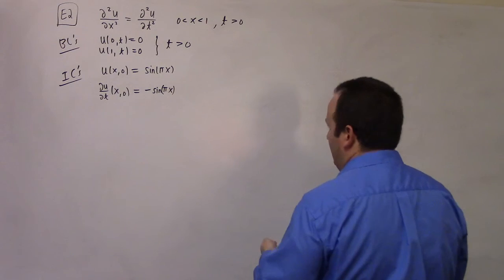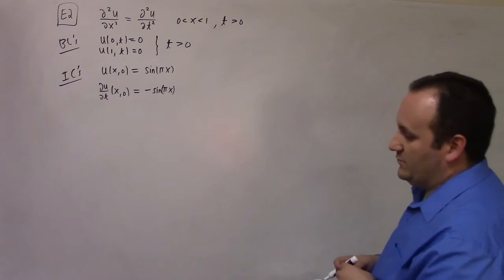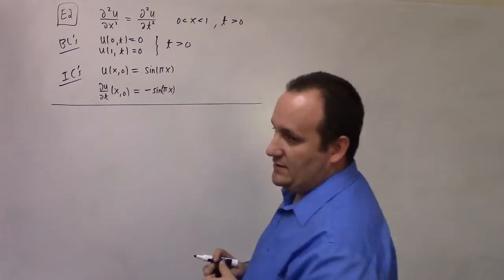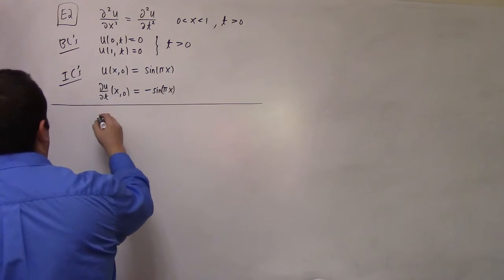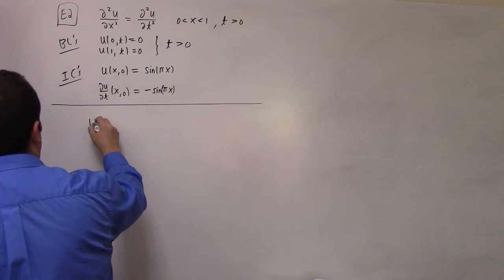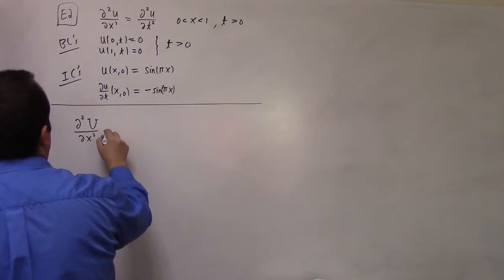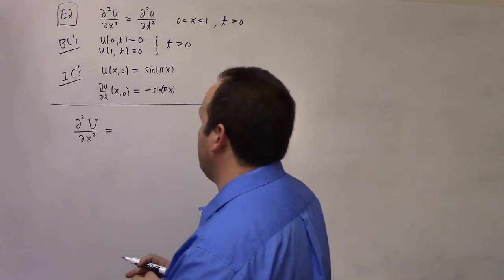I think we know now what to do, right? So we take the Laplace transform of the PDE. That gives us big U. I'll use the partial derivative notation: partial squared big U partial x squared equals what? How do you take the Laplace transform in the time domain?